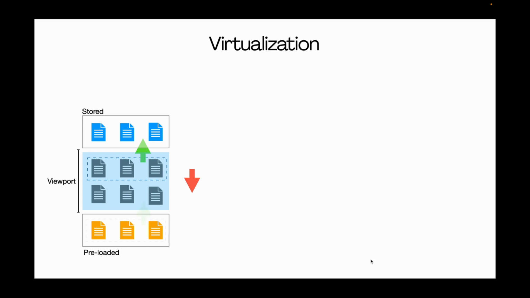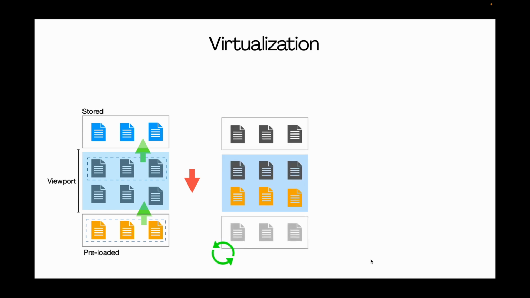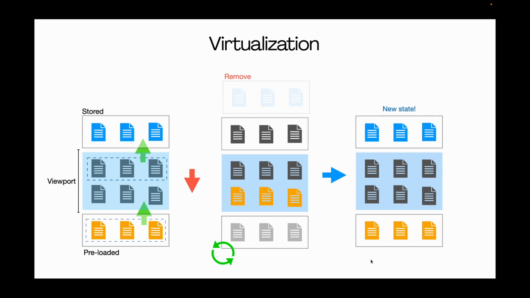And also, we get preloaded files and move them to the viewport. Next, we begin loading the next group of preloaded files and remove old files from the store. Finally, here's a new state.